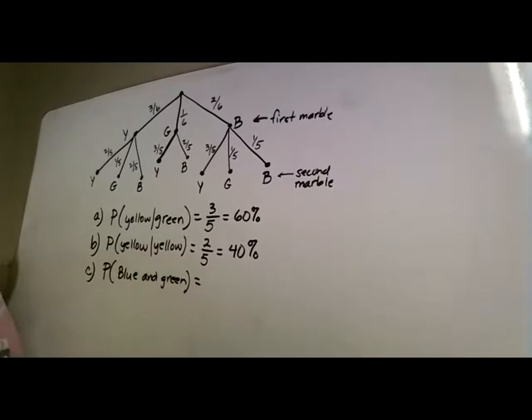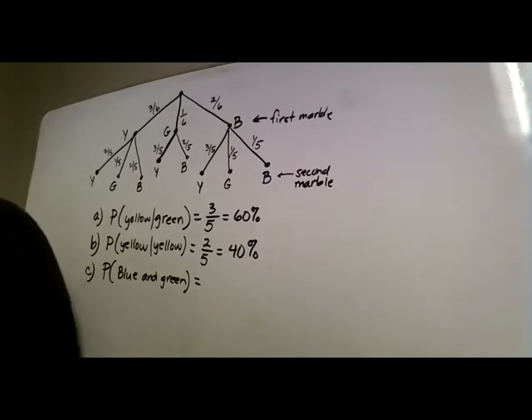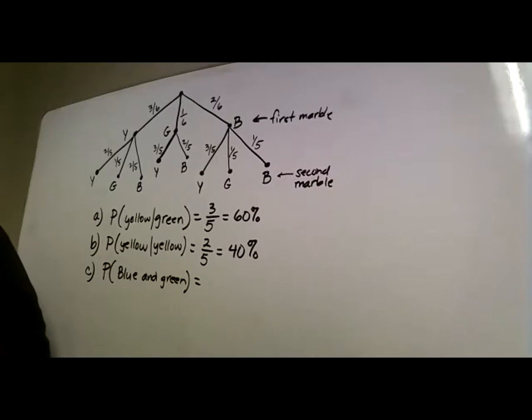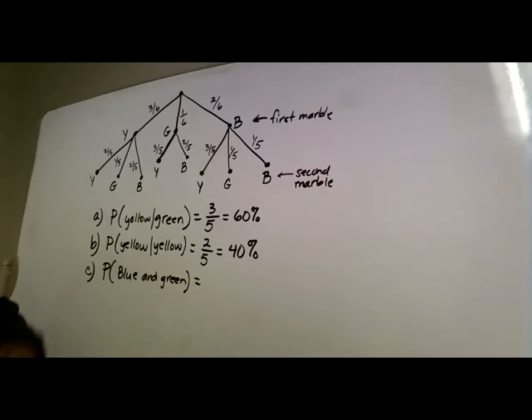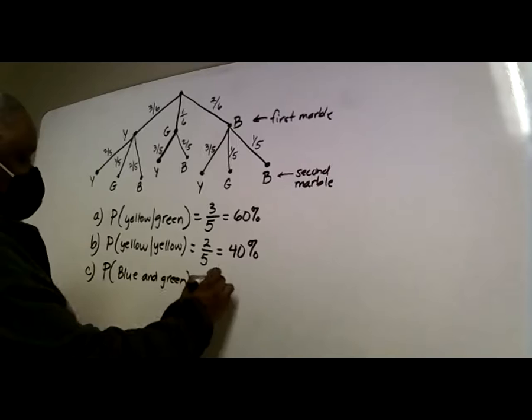Now this time it's not a conditional probability as in parts A and B. And also it has the word and, so that means we need to do multiplication.